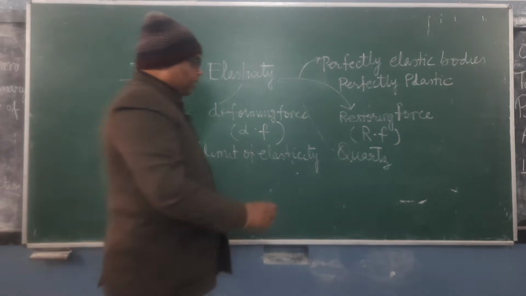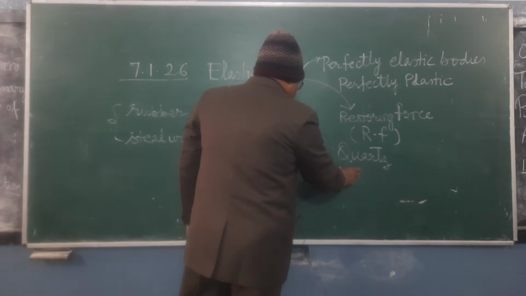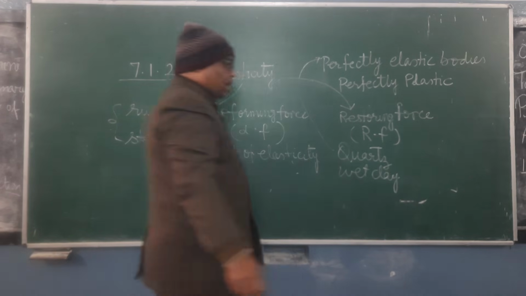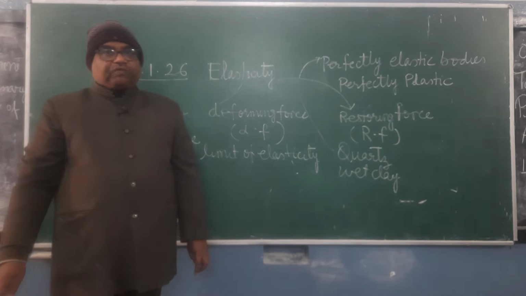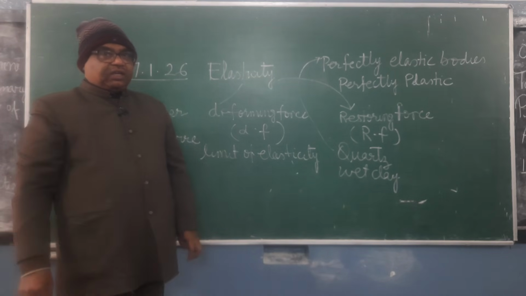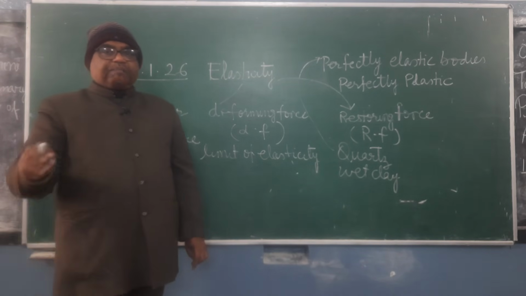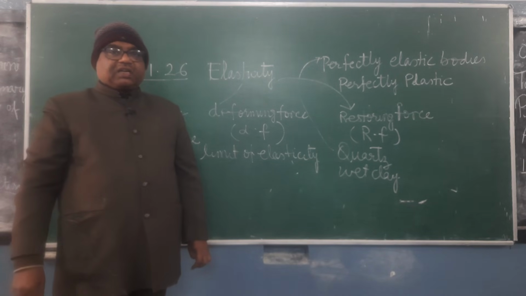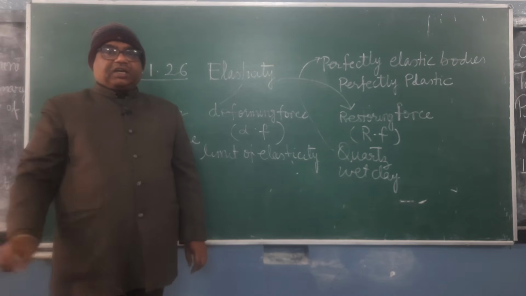But if you take wet clay, if you take the आटे की लोई, जिससे रोटी बनती है, you will find that on applying the force, it gets deformed. But on removing the force, it does not return to the original shape and size. It gets permanently deformed.